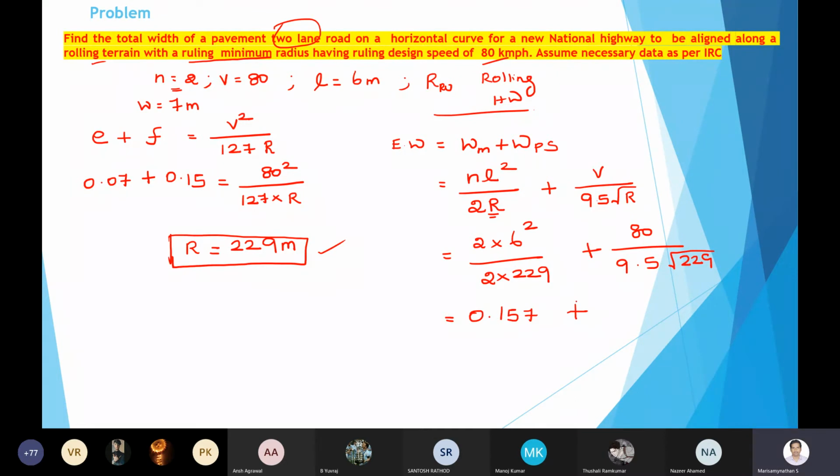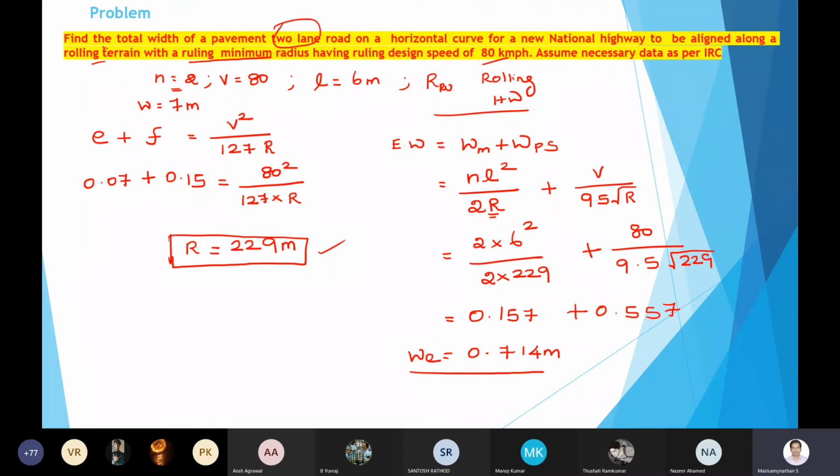Plus 80 divided by 9.5 divided by root of 229, the value I am getting is 0.55647, so I am making it 0.557. So adding these two values, 0.157 plus 0.557, gives 0.714 meter. This is the extra widening we have to provide on the field.